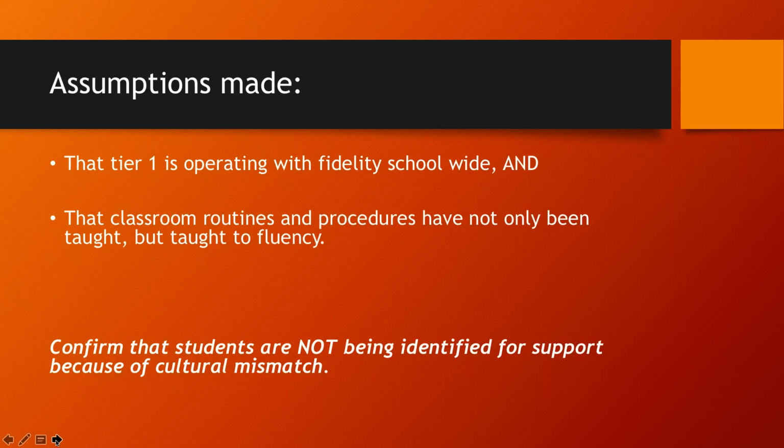The other piece is incredibly important: to look at what referrals our students are getting, how we are defining those problem behaviors, and, on the flip side, how we are defining our expectations. How do we know that students are not being identified for Tier 2 supports because of a cultural mismatch?